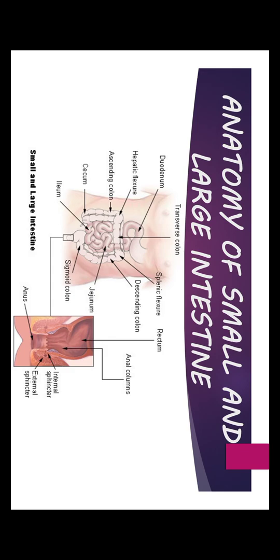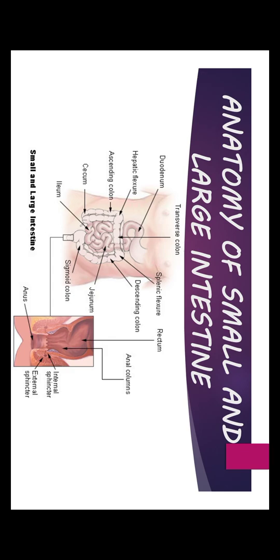First one is cecum, which means blindness. A 6 centimeter long blind pouch inferior to the ileocecal valve is called cecum. Inferior to cecum, a 12 centimeter long twisted coiled tube called the vermiform appendix, which contains lymphoid tissue, is attached to the lower end of the cecum and situated in the right iliac fossa.